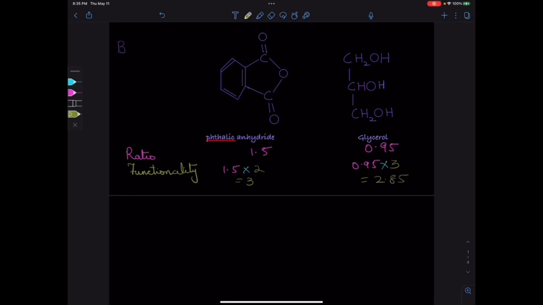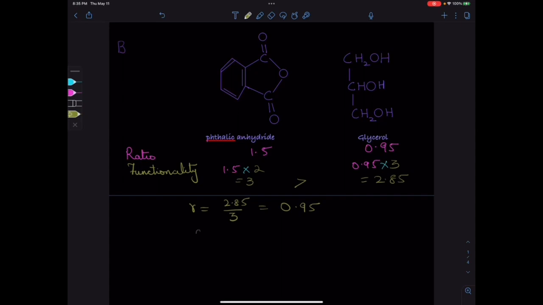So since 3 is greater than 2.85, for finding R, we want to put 3 in the denominator because R has to be less than 1, and 2.85 in the numerator. So we get the feed ratio as 0.95. Now let's find out the functionalities.